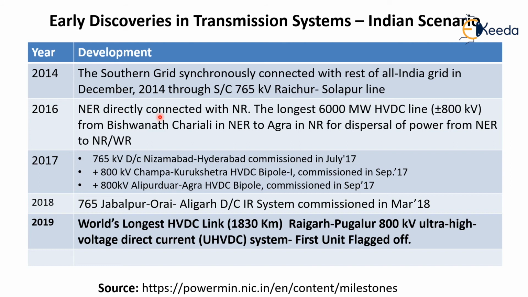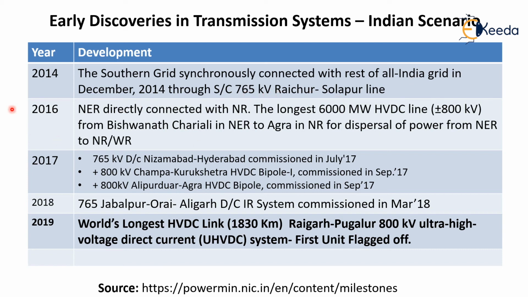Many news reports came at that time, like there were large interconnection issues, a great difference in nominal frequencies, and it resulted in major tripping problems, fault issues, all those things. So they tried for some 7 years, and finally in December 2014 the southern grid was synchronously connected with the rest of the all India grid through the single circuit 765 kV Raichur Solapur line.